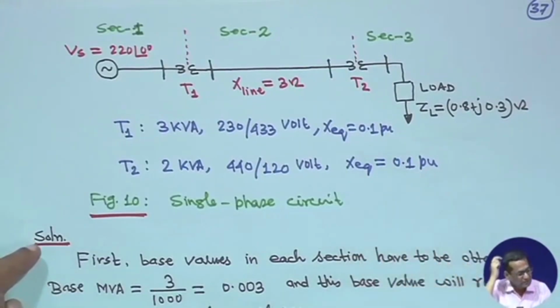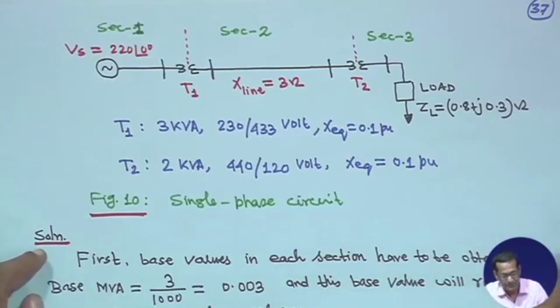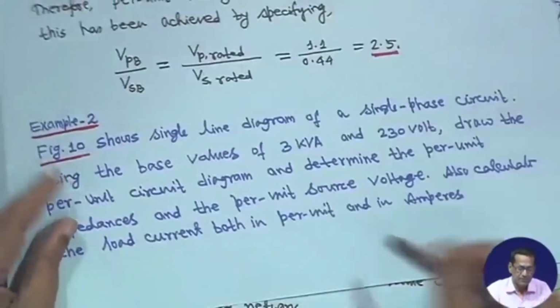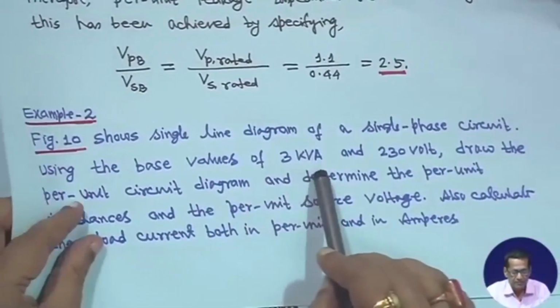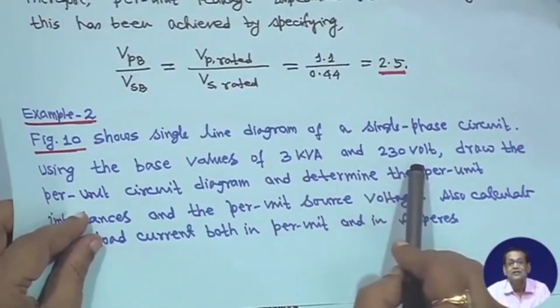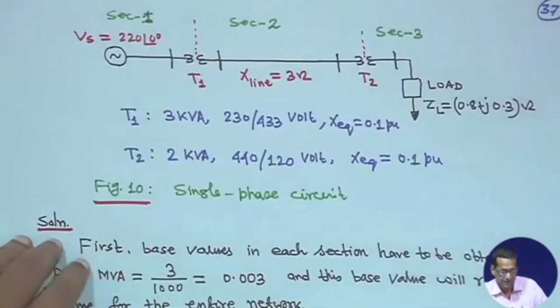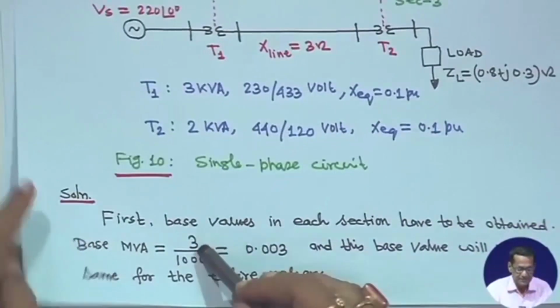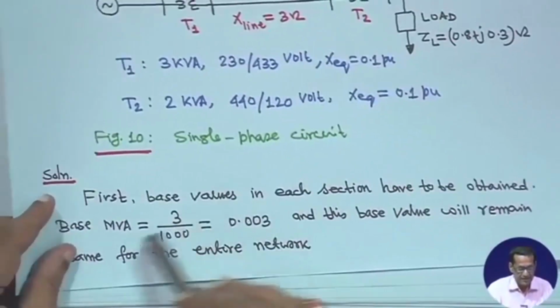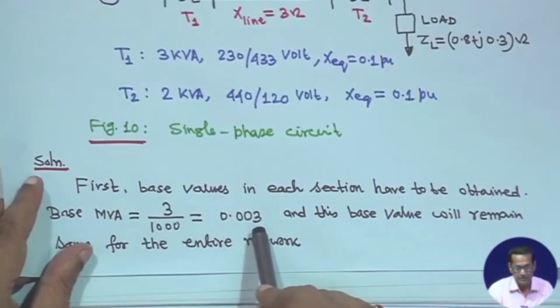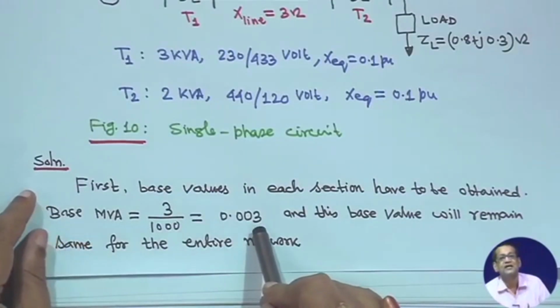Now, first what you have to do is choose base values, right, and in this problem it is given that you have to take base value 3 kVA and 230 volt, and based on that you have to determine everything, right. So, when base kVA is given 3, you convert it to MVA, so it is 3 by 1000, so 0.003, that is your base MVA, right.